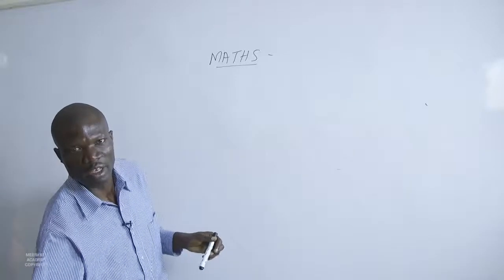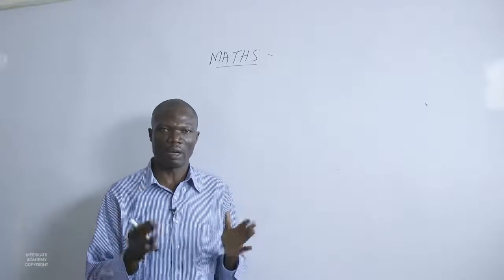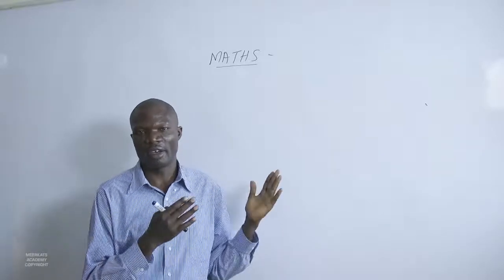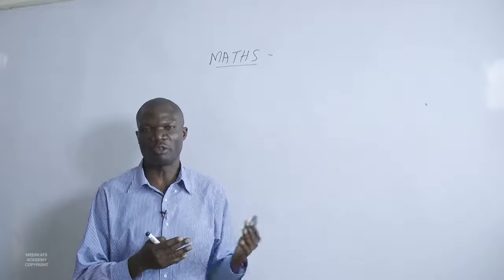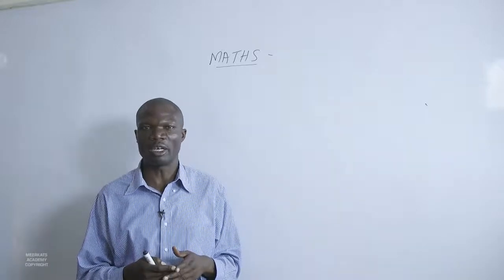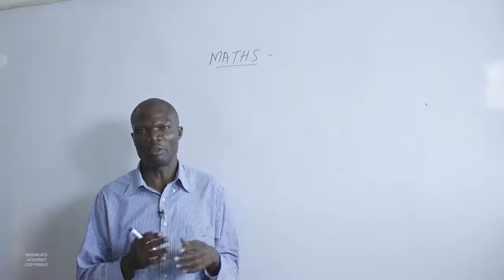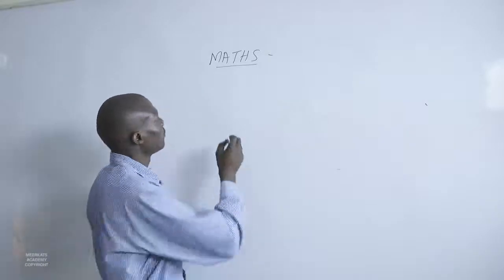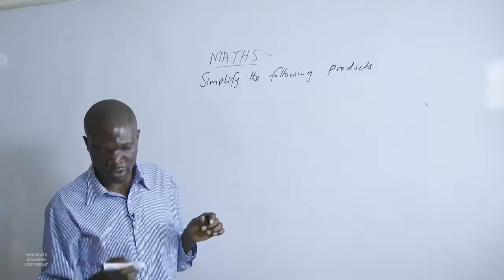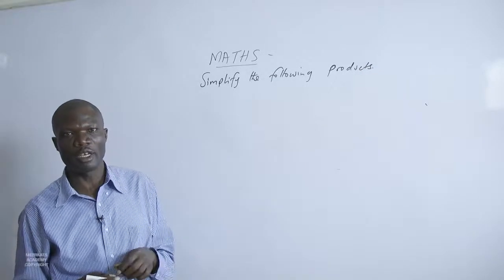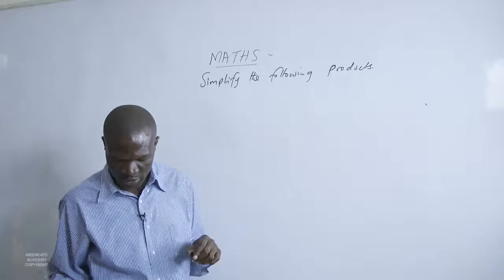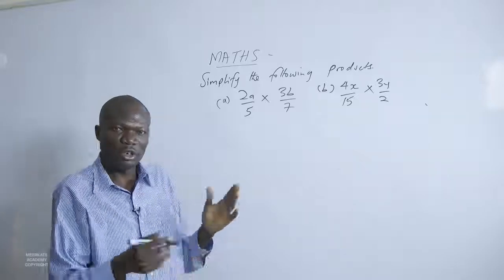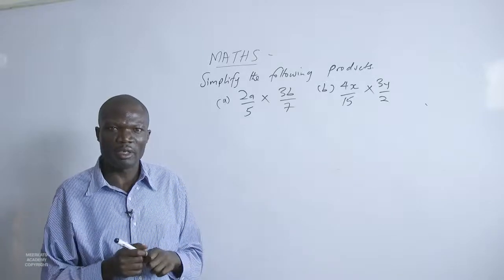Let us look at a few examples, and here we should be able to actually apply the points we have gone through when multiplying and dividing algebraic fractions. Simplify the following products.